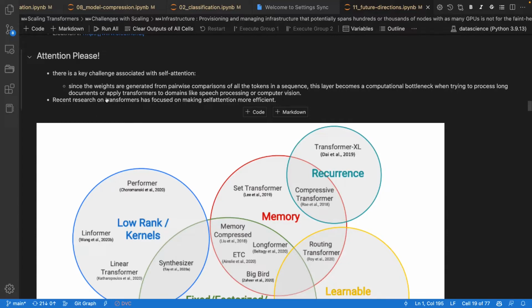Okay. Darren, you had something to add? So yeah, more simply, pairwise comparison is the problem, right? And that's in the attention mechanism, I'm assuming. For each word you have to figure out how similar it is, or what the attention weight should be for that word to all the other words in the sequence. That's what they mean by pairwise comparison.